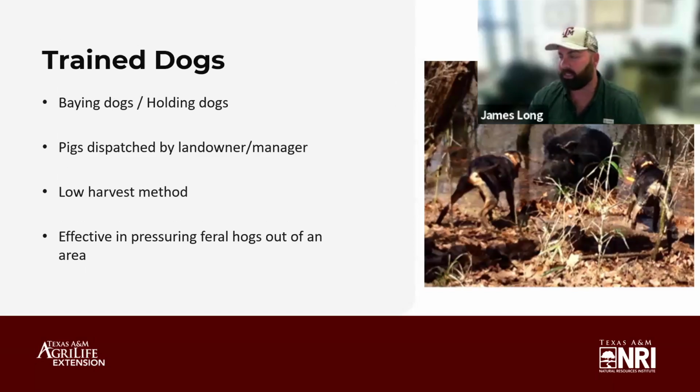Trained dogs. Again, dog hunting for pigs is going to look different depending on what state you are in. It is another control method that has some very deep historical roots, especially in the southern portion of the US. There's a deep history of it here in Texas, and it has shown a solid form of control for Texas populations. However, it is considered a low harvest method still.